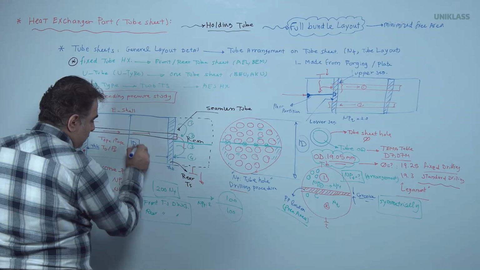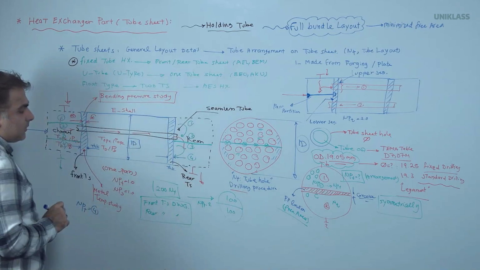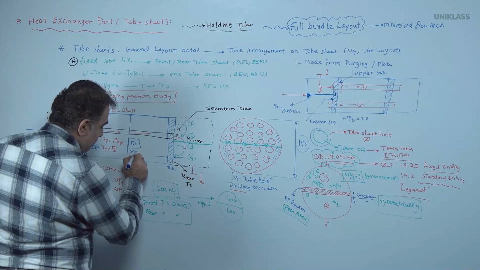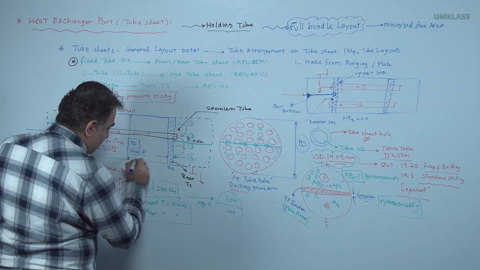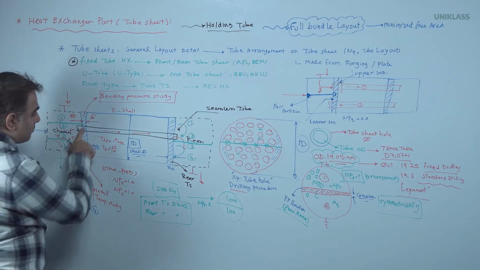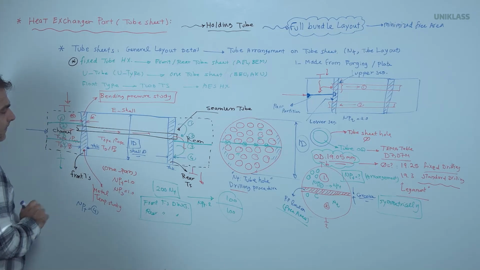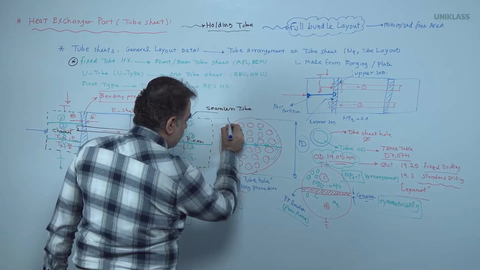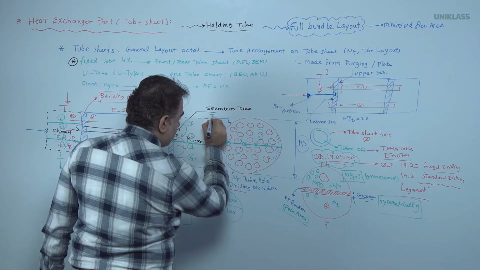Therefore, if you see the TEMA specification sheet as a summary, we need to know the shell ID. By shell ID and some additional calculation, we need to generate the heat exchanger drawing with the tube sheet ID. That means tube sheet ID.